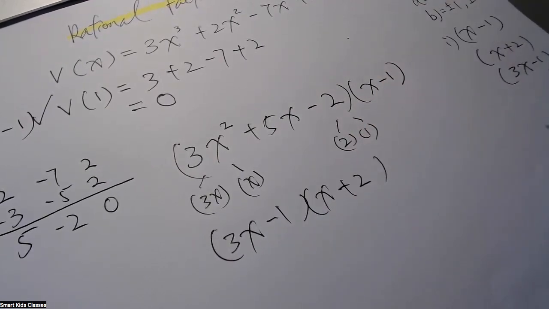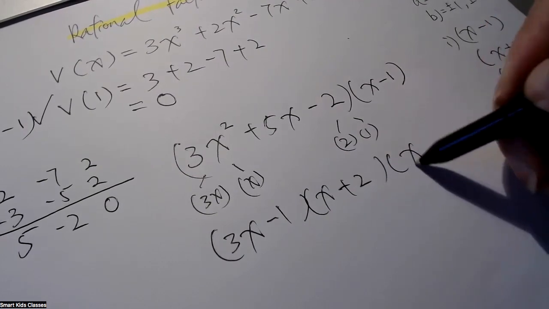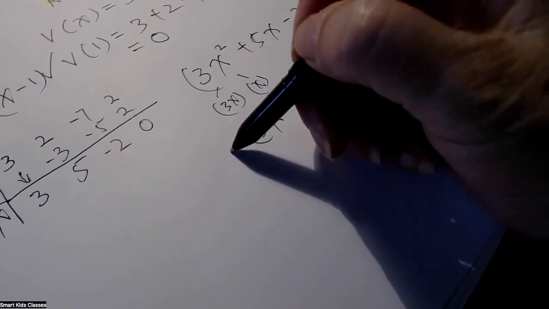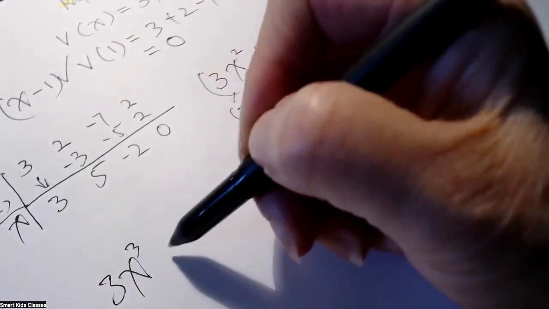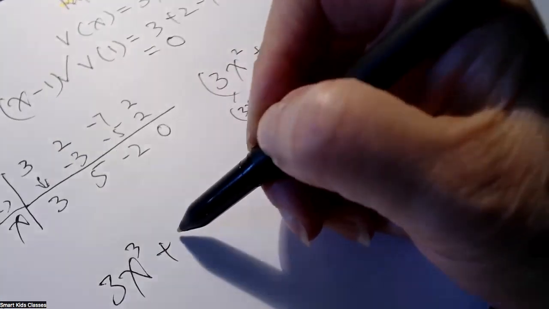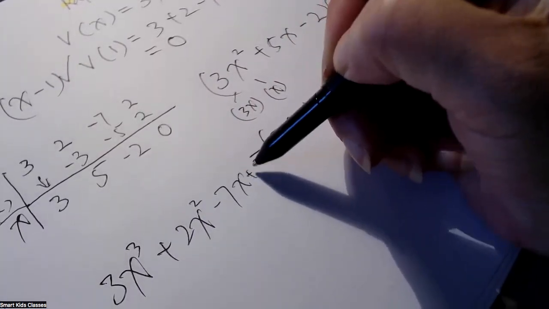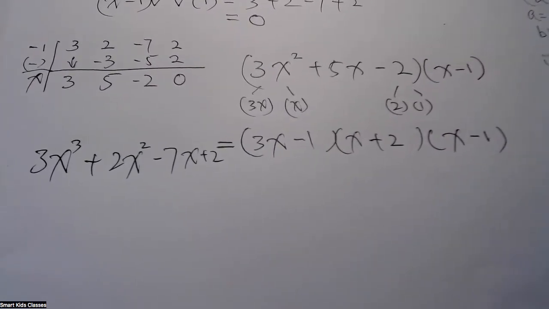And you got the factor. And the last one you just carry back here, x minus 1. And this factor is going to be equal to 3x exponent 3 plus 2x squared minus 7x plus 2. And that's how you solve it with the rational factor theorem.